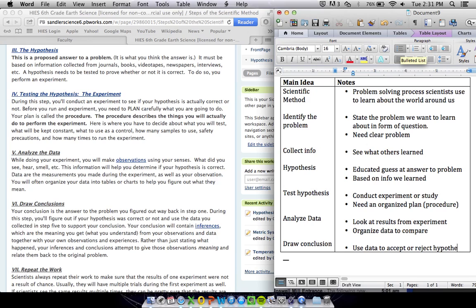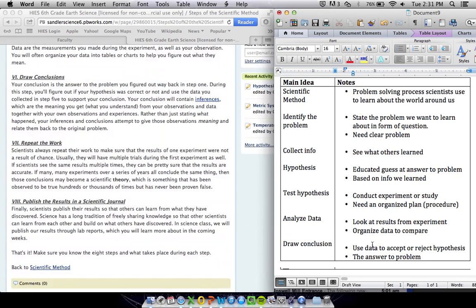We're either going to say, yes, my hypothesis was correct, or no, my hypothesis wasn't correct, or the other option is we can partially accept it. Maybe it was sort of right, but not quite. So drawing conclusions, ultimately, is the answer to the problem from step 1.